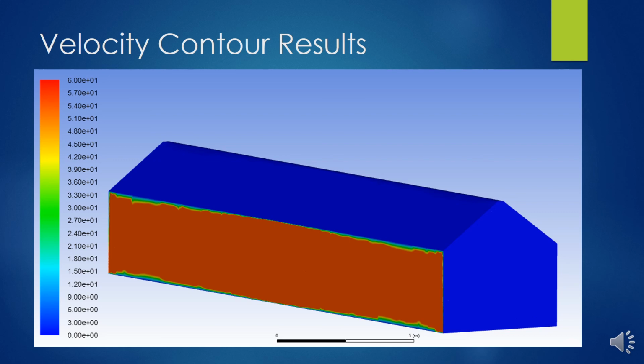After that, I went to monitors and to residuals and changed my numbers to 1e to the negative 5. And then I went to initialization and clicked on input, and all my boundary conditions appeared.